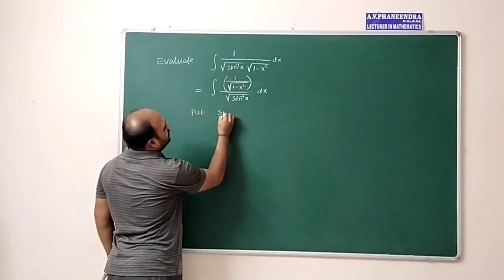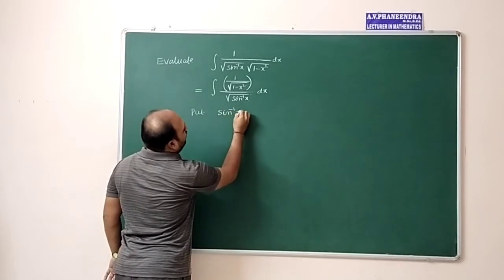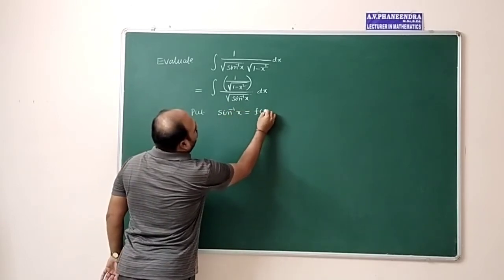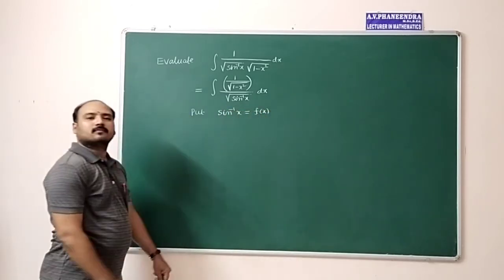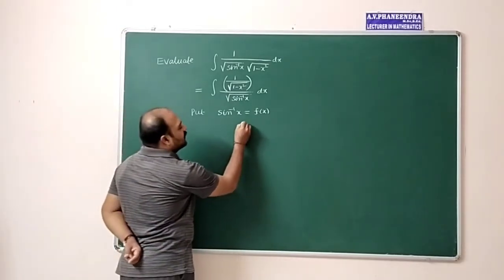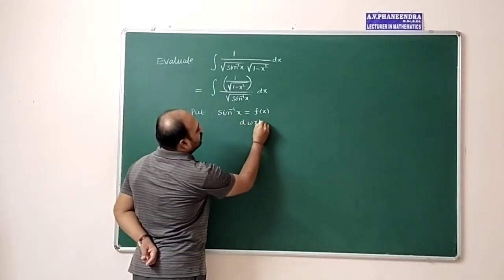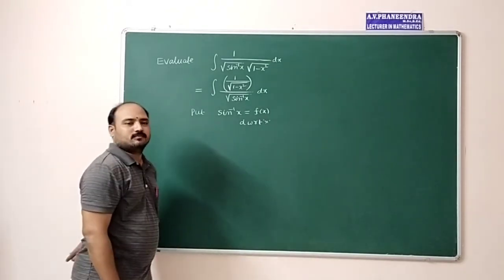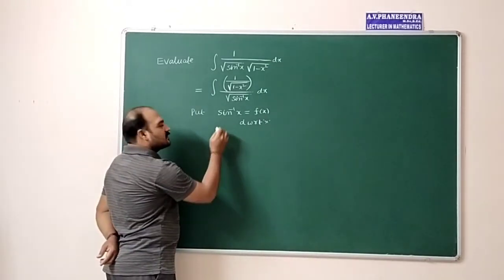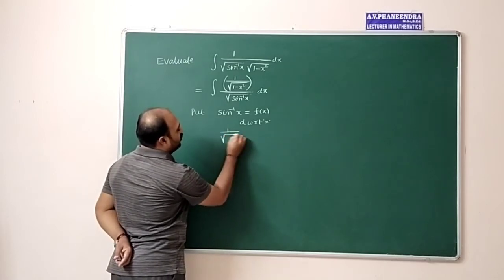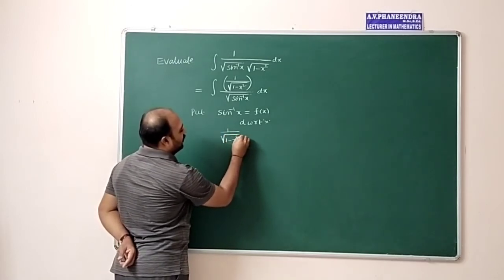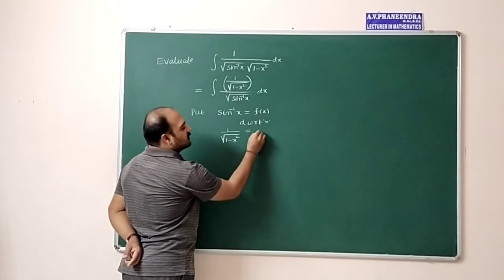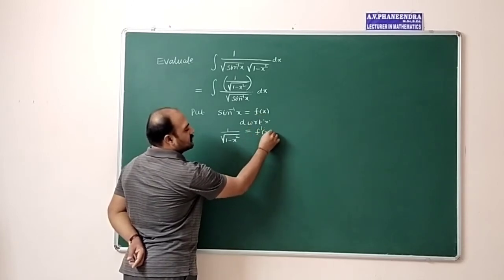After that, what I am doing is put sin inverse x is equal to f of x. Differentiate with respect to x. The derivative of sin inverse x is 1 by square root of 1 minus x square, which is equal to f dash of x.